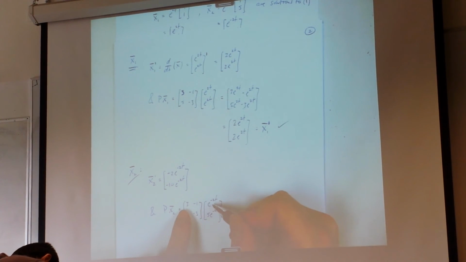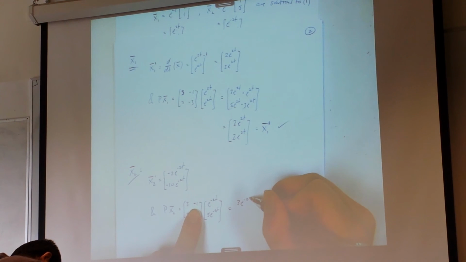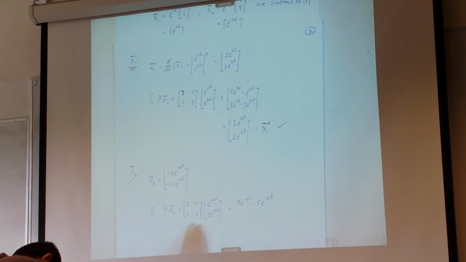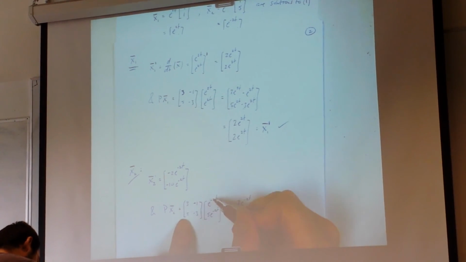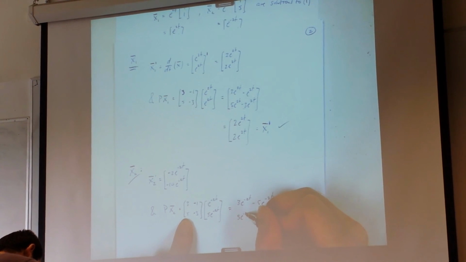All right, and the way we do this is dot product, row 1, column 1. So I get 3 e to the negative 2t minus 5 e to the negative 2t. And the second entry, row 2 times column 1, 5 e to the negative 2t minus 15 e to the negative 2t.